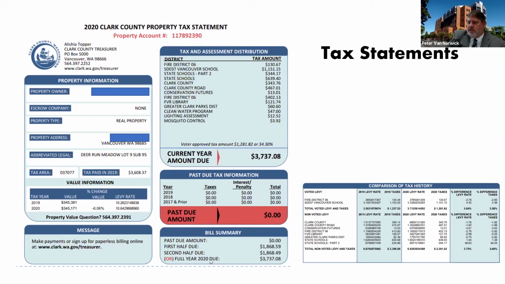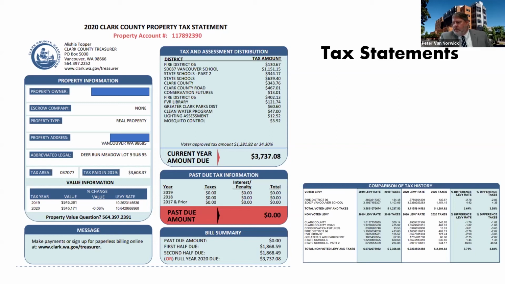You'll notice in this tax statement, of $3,737 in property taxes, $2,306 came from your elected officials of the different tax districts, but $1,237 came from your neighbors voting directly to impose those taxes.